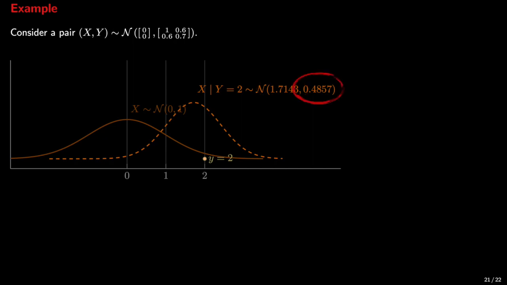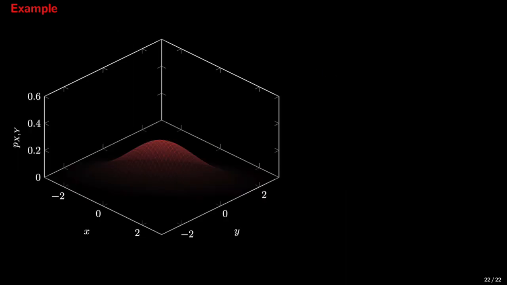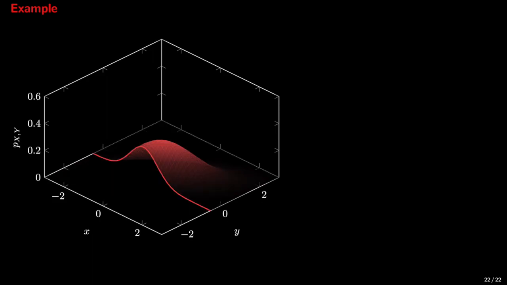The variance of this estimate is 0.4857, and in fact, it is independent of little y, as we can see. This is the joint PDF of x and y. To estimate x, given that y is, for example, equal to minus 0.5, means to slice this PDF along the line y is equal to minus 0.5.